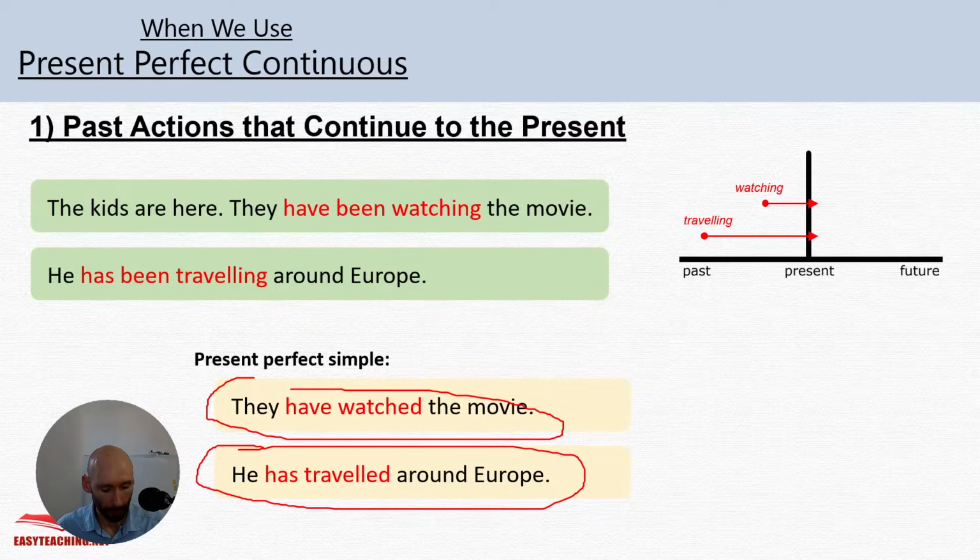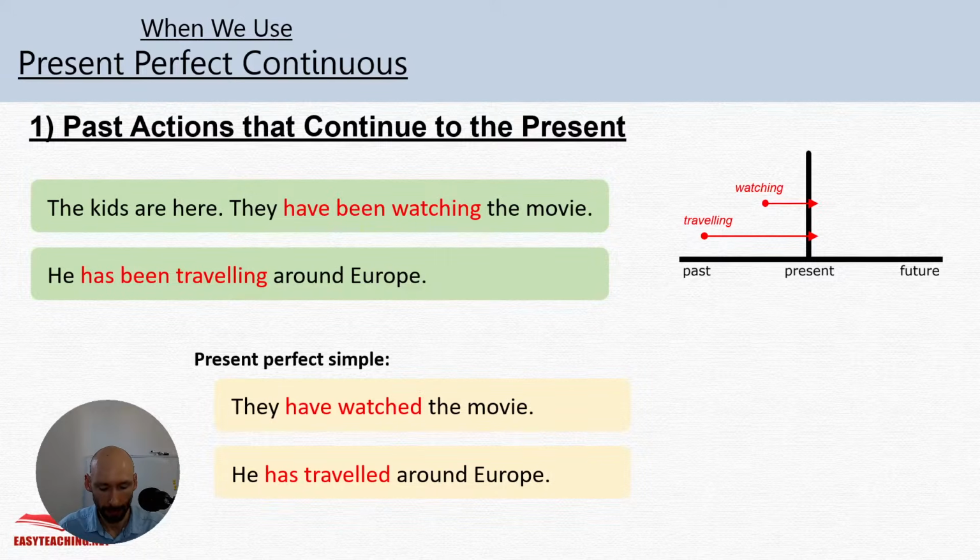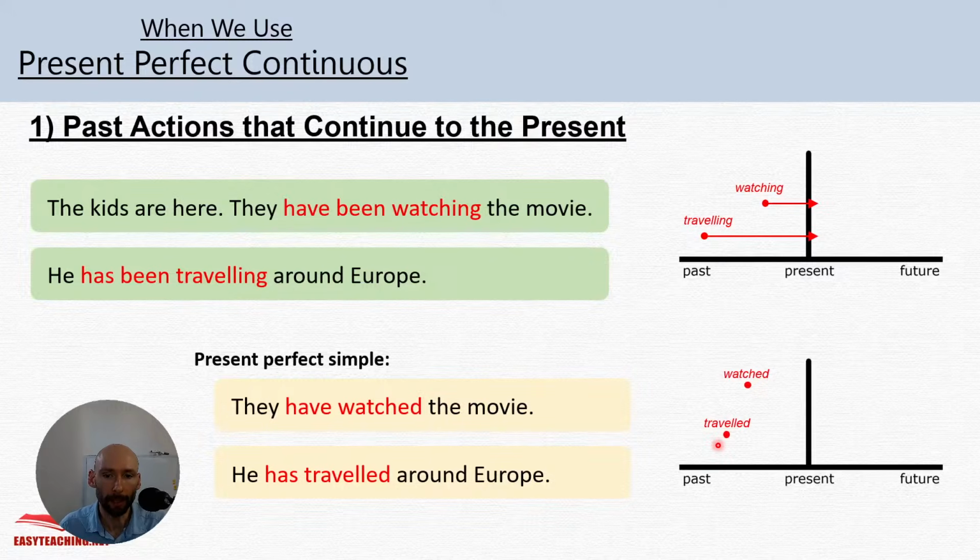The sentences in present perfect simple, that is our sentences at the bottom. The action isn't continuing into the present. The 2 actions, watched and traveled, have occurred at a moment in the past. They watched the movie. Well, they're not still watching the movie.